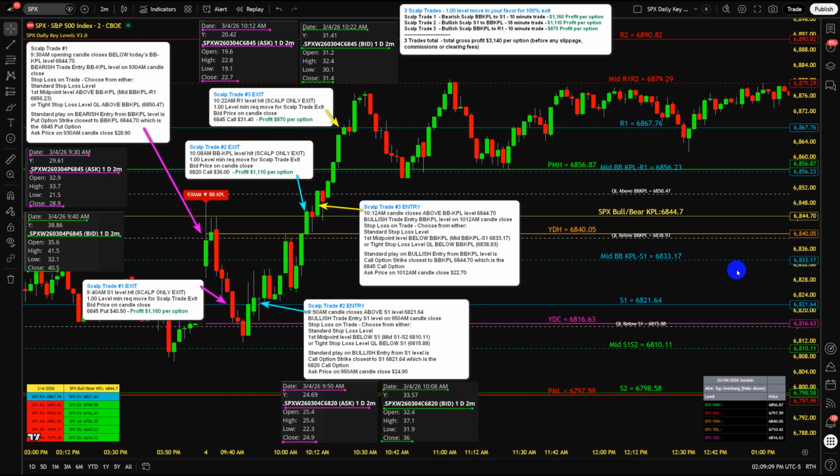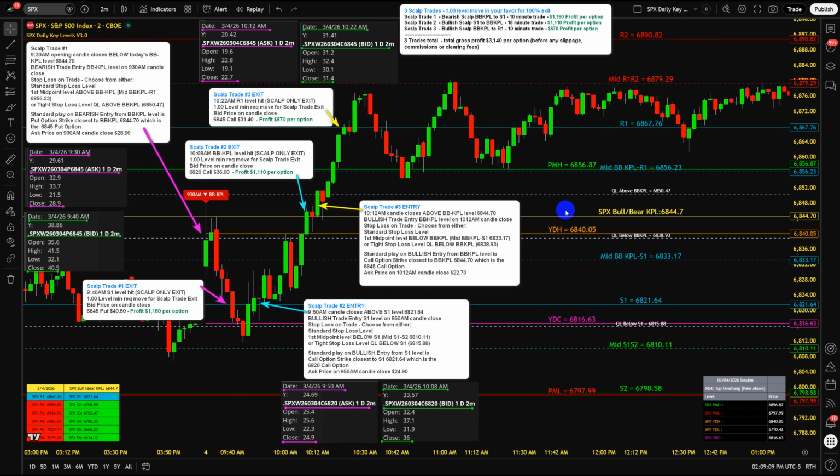However, for trades with the main key levels, either the SPX bull bear key price level or the R1 through R6 levels or S1 through S6 levels, the midpoint levels and the QL levels are your standard stop losses and tight stop losses for those levels.